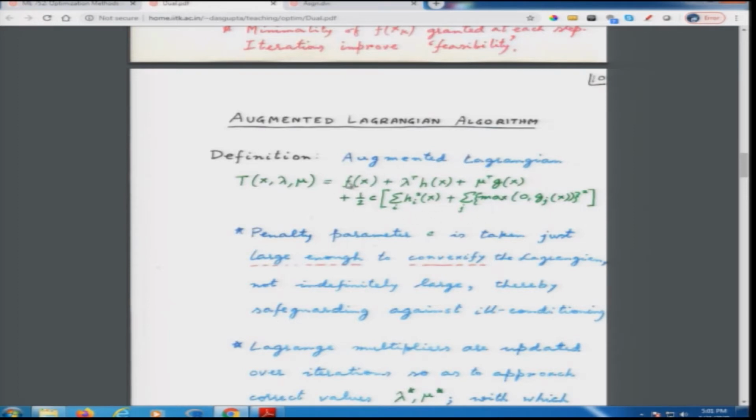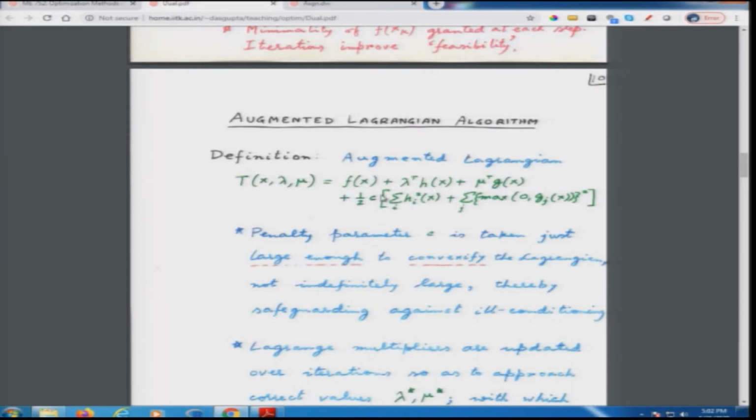So, this is the augmented Lagrangian function. Okay. So, f of x plus lambda transpose H plus mu transpose G, that is the Lagrangian, plus this particular penalty function with a penalty parameter C. Now, how does it differ from an ordinary penalty method?